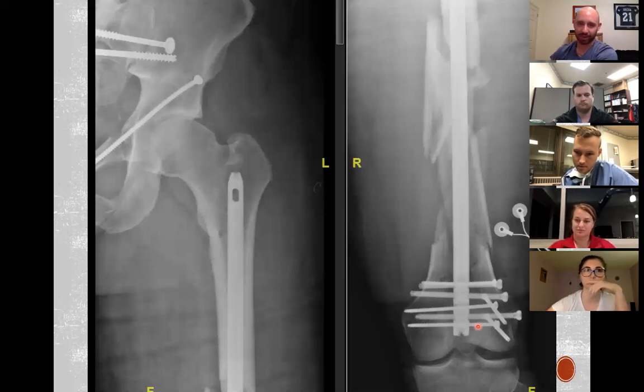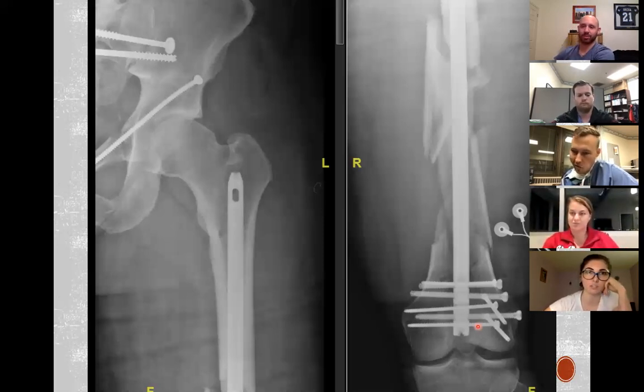Because if we got into a lecture on damage control orthopedics, it's about doing stuff to the patient when they're optimized for surgery. So you don't want to do it too soon to affect their overall care.